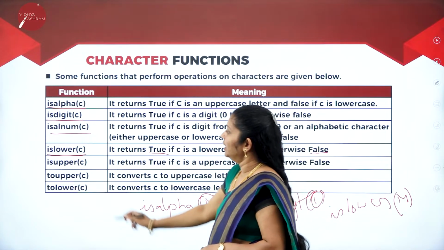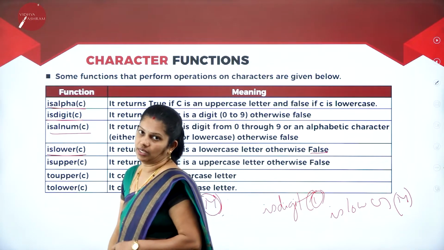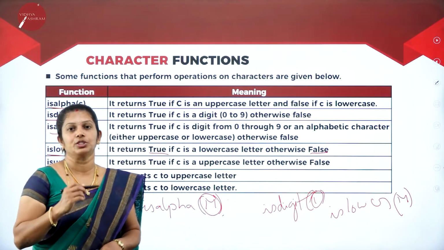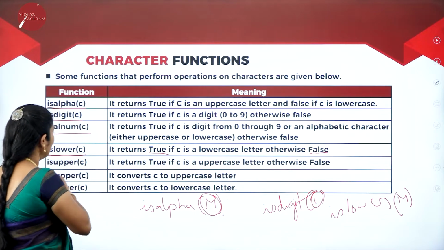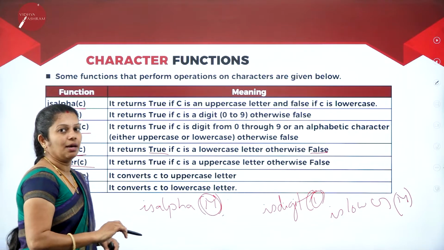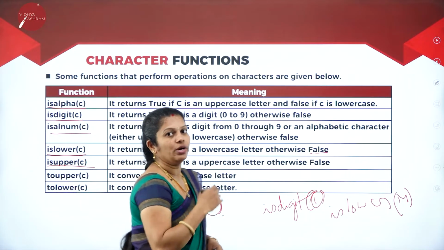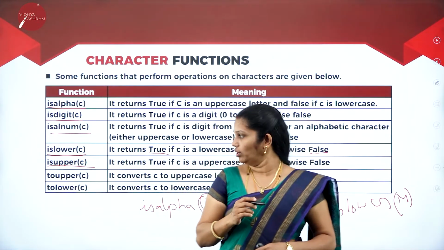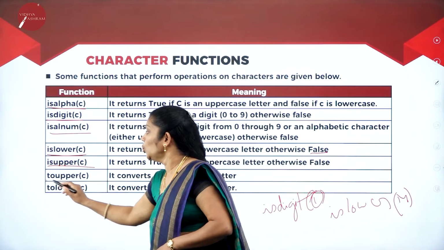In the same way, isupper. This function helps to check whether the given character is in upper case or not. If it is in upper case, it will display true, otherwise false.